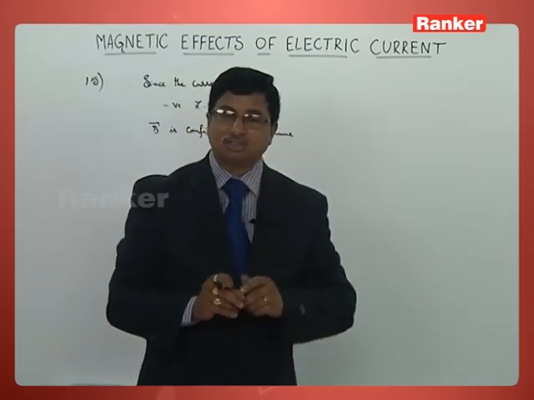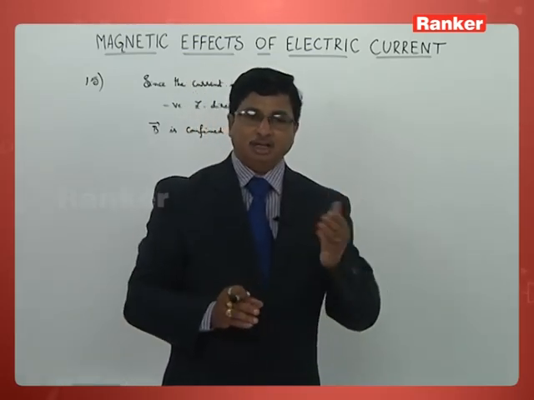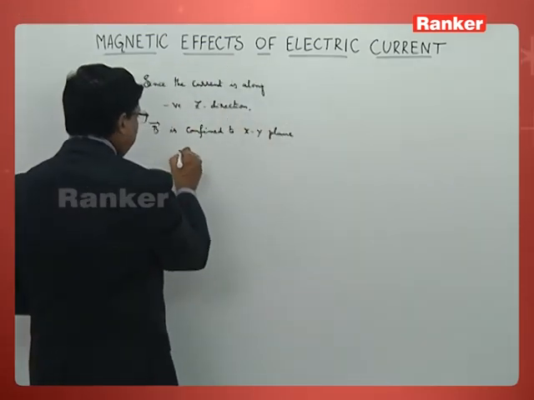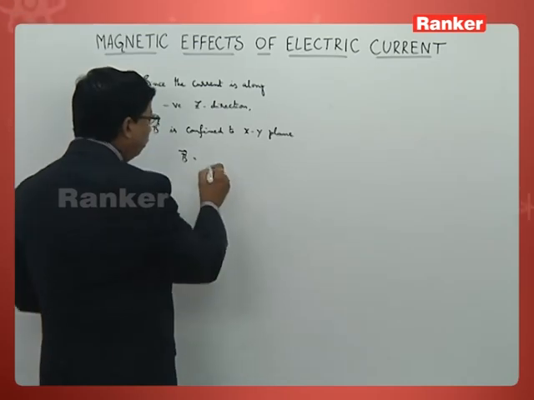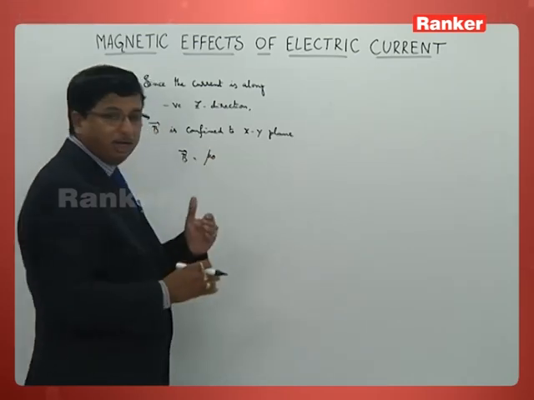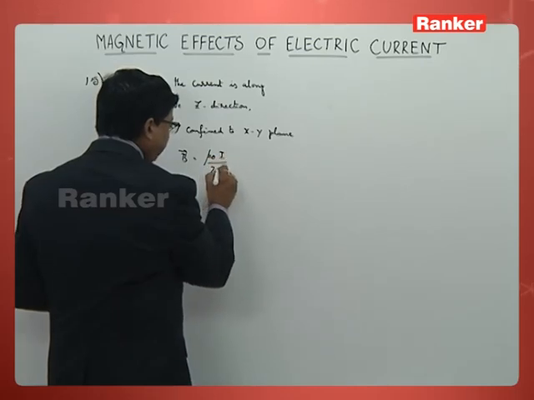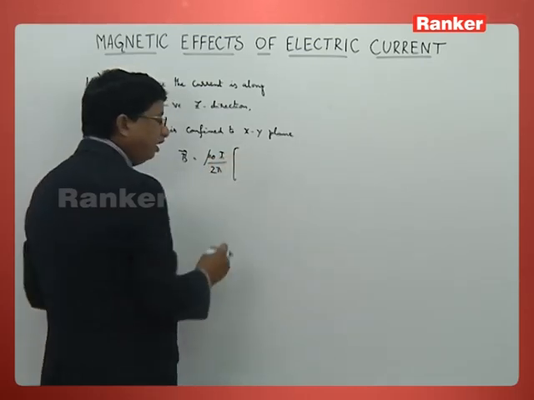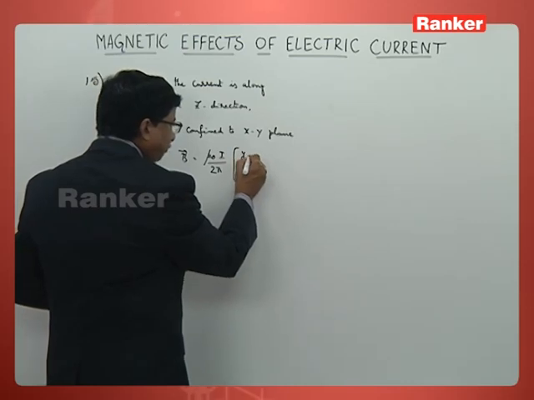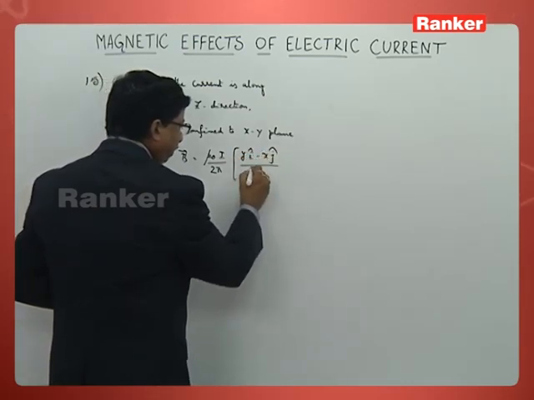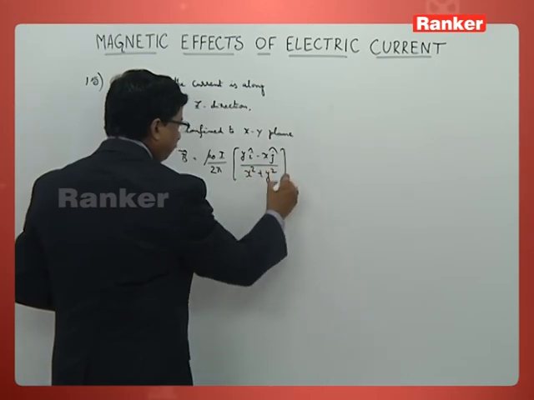Identify this logic, and automatically you can conclude that this B bar is mu naught I by 2 pi into (yi minus xj) divided by (x square plus y square).